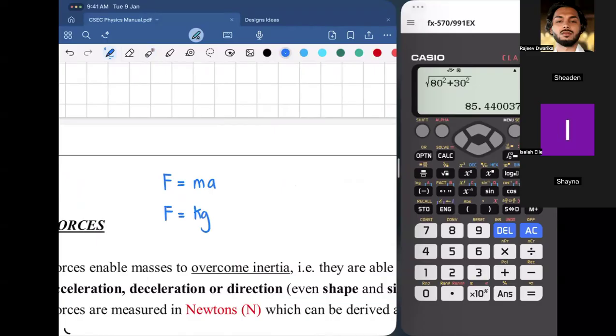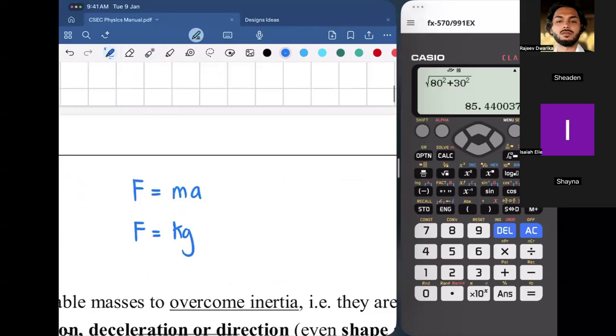Is it not m s minus 2, or m over s squared? Yeah, you're correct.